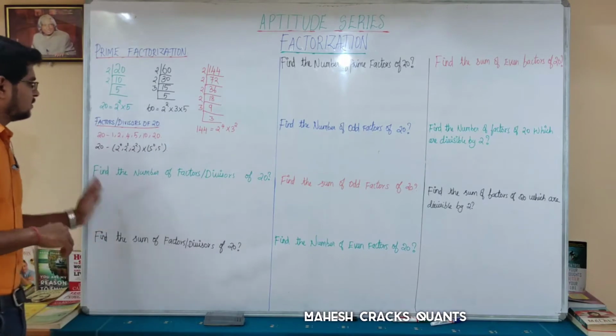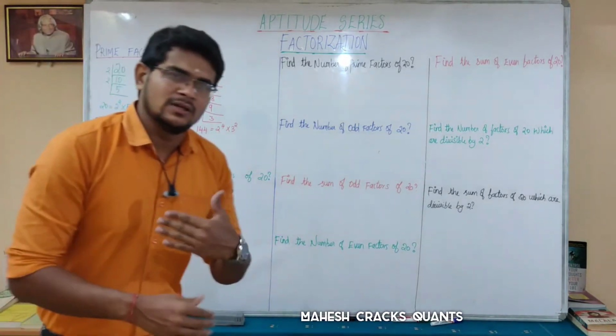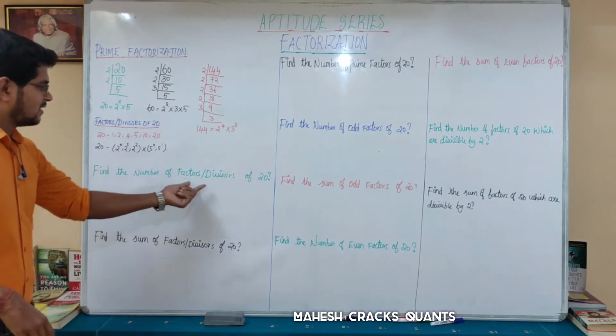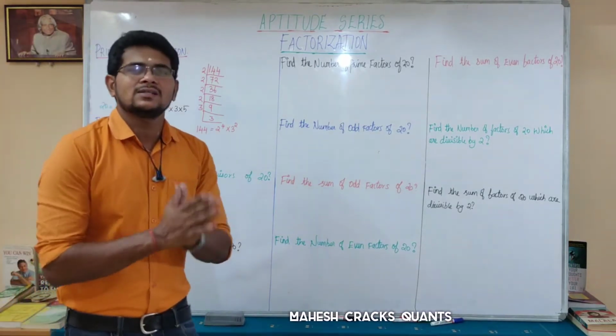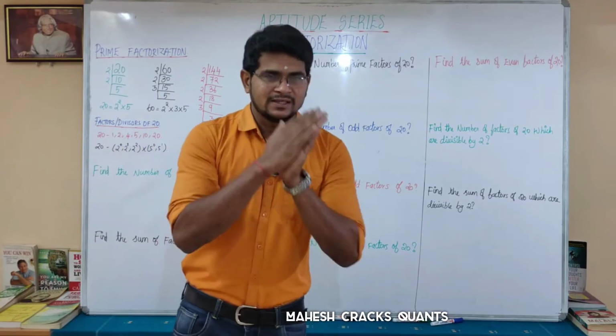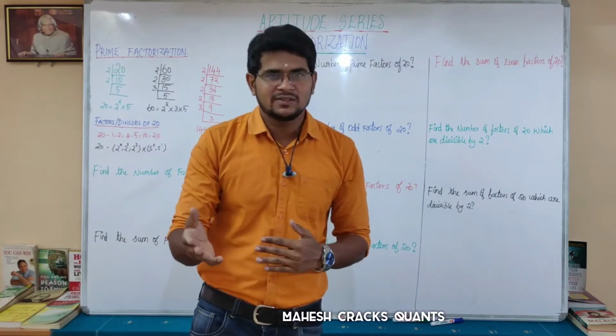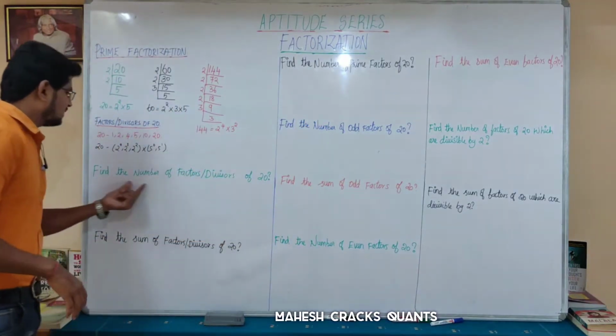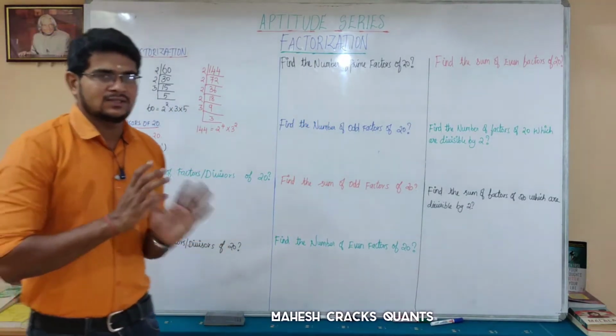Done. So what kind of questions will be there? The first question is: find the number of factors or divisors of 20. Factors or divisors, both are the same. Instead of factors, they might have given divisors, and instead of divisors, they might have given factors. So find the number of factors of 20 is the question.